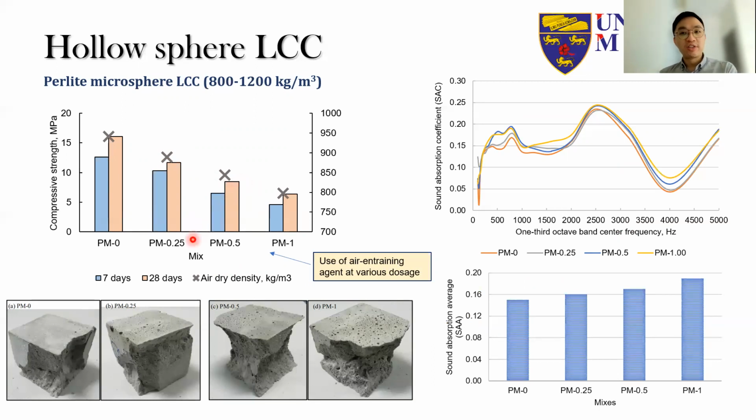When we increase the air entraining dosage up to 1%, we see a quite substantial decrease in compressive strength from about 15 MPa down to about 5 MPa, even though the density is reduced from 1,000 to 800 kg per cubic meter. But nevertheless, the insulation properties can be substantially improved when we use these air entraining admixtures.